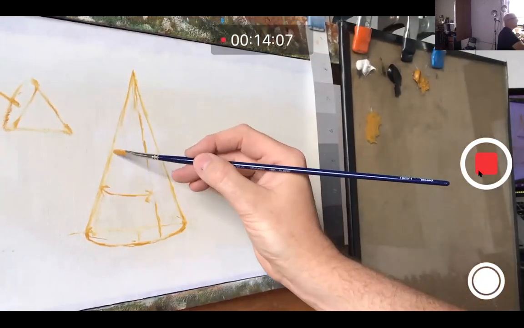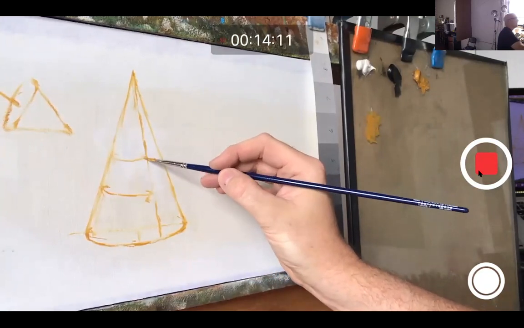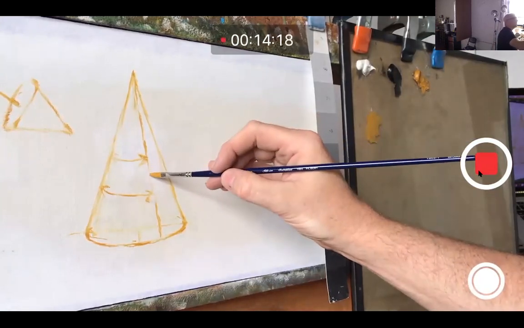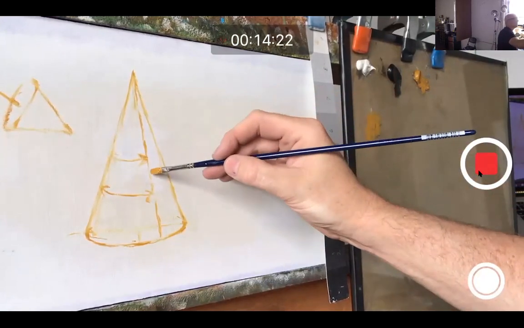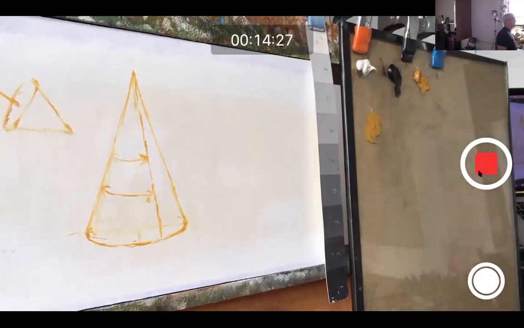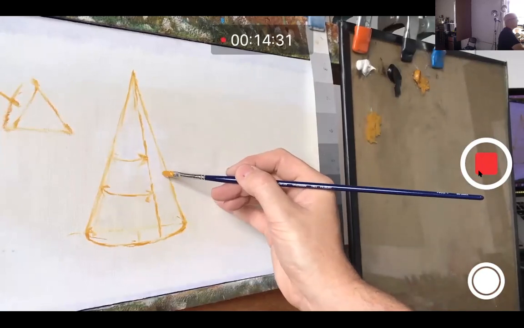And so the light is hitting these planes on the object. Then just about at this point on the cone, the planes fully turn away from the light source. So the cone goes into shadow from here over to the right.